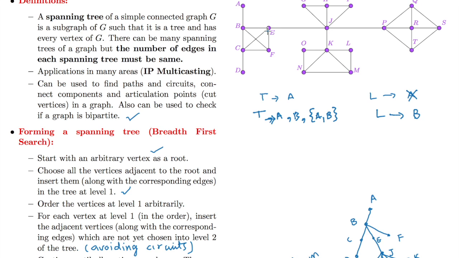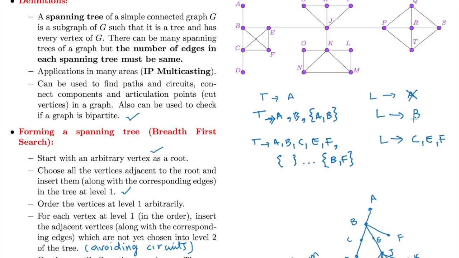C, E and F. All of them are not in T and not in L. So we put A, B, C, E and F in T, and the edges, I'm not writing them all; I'll just write one edge, BF, for example. Then in L, I take out B, but I put C, E and F.